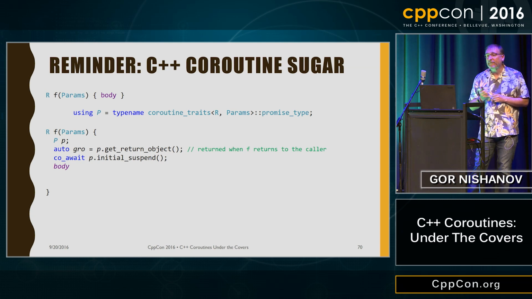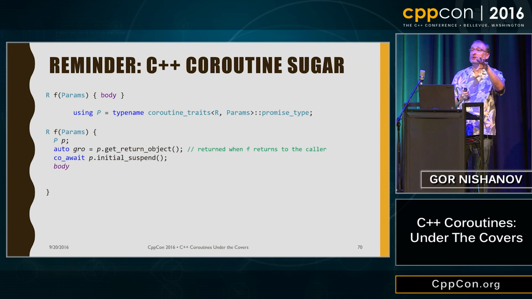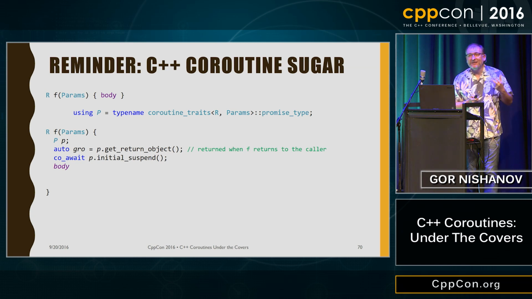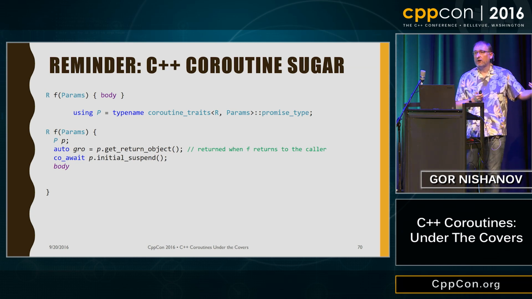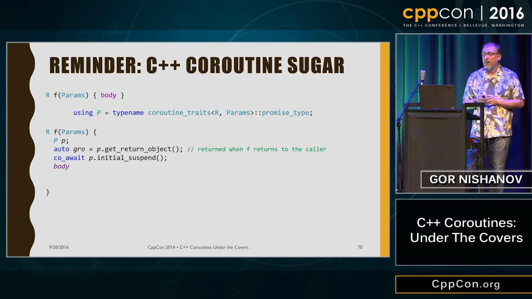And after that, it will place an object of type promise on the coroutine frame. And since a coroutine has to return back to the caller when it suspends, we need to know what is the thing we have to return at that point to the caller. So get return object is the customization point which tells us what to return.